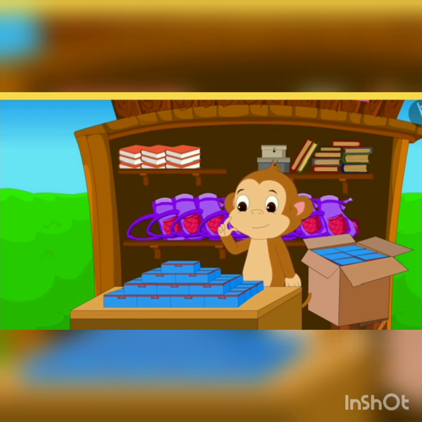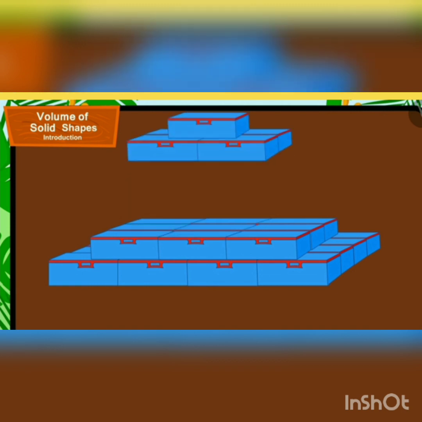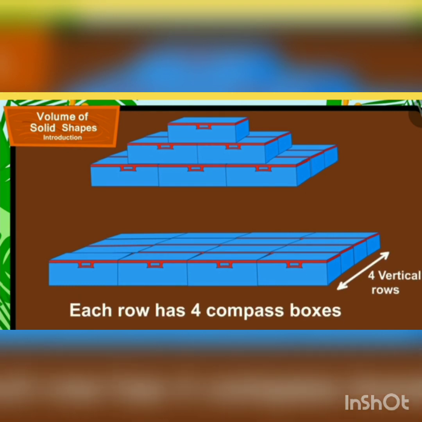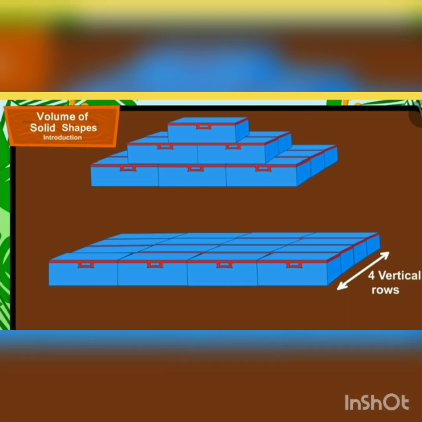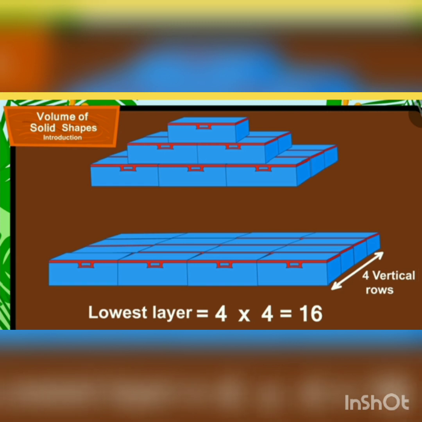Babban started thinking. Let's first figure out the number of compass boxes being used in this shape. The lowest layer of this shape has 4 vertical rows, and each row has 4 compass boxes. That means 4 rows multiplied by 4 boxes, that is 16 boxes in the lowest layer.